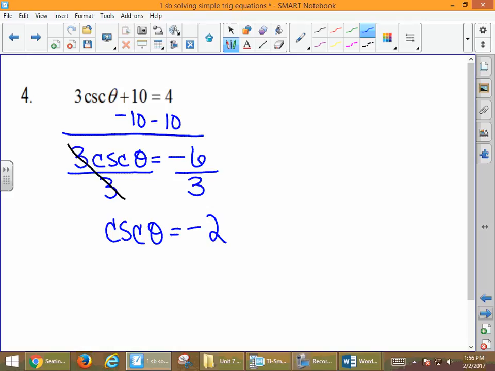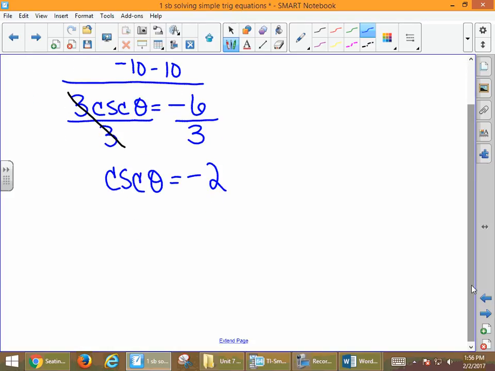That's why I asked at the beginning, what's the reciprocal of cosecant? It's sine. So the reciprocal of -2 is 1 over -2, and so you can see that negative there.